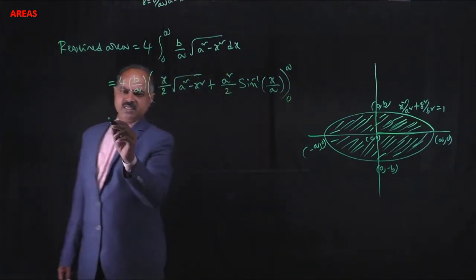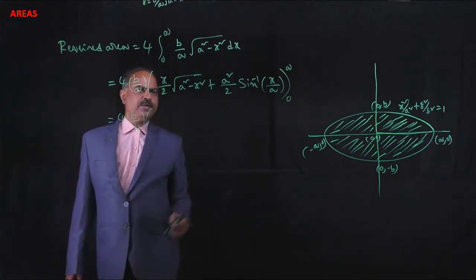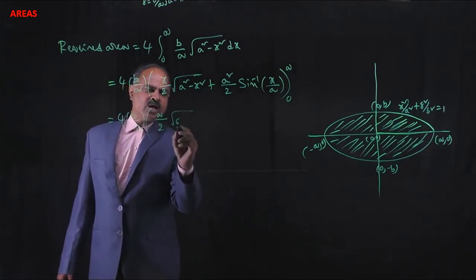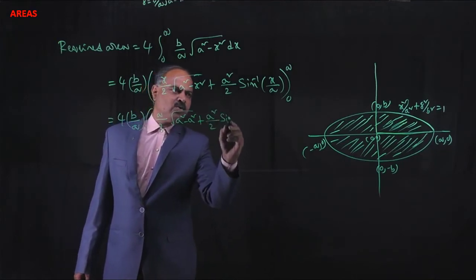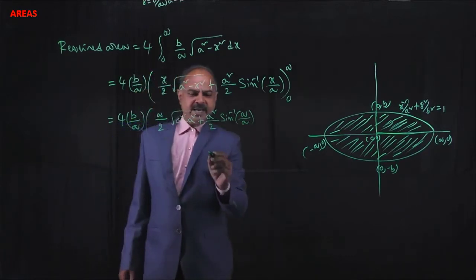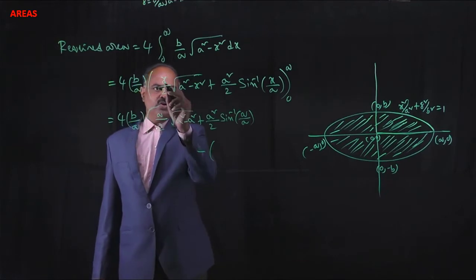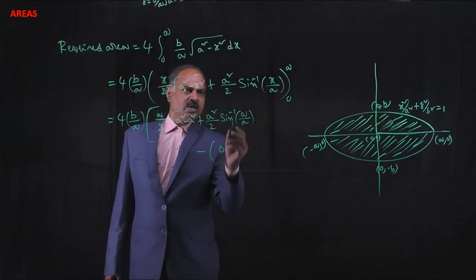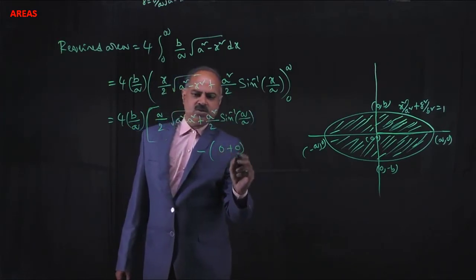Now substitute the upper limit in place of x: a by 2 into square root of a square minus a square plus a square by 2 into sin inverse a by a, minus substitute the lower limit in place of x: 0 by 2 into something is 0, plus a square by 2 into sin inverse of 0, that is equal to 0.